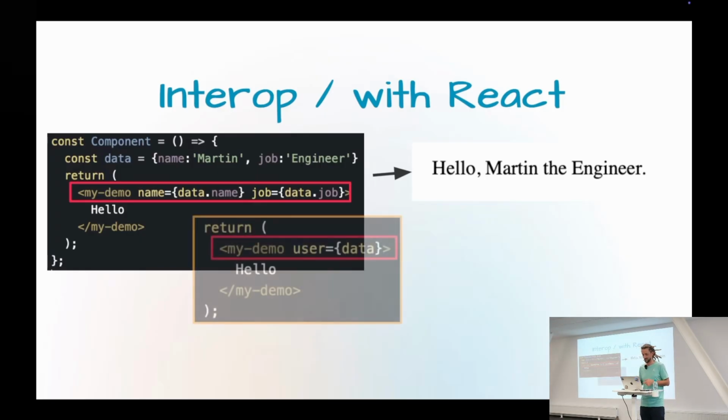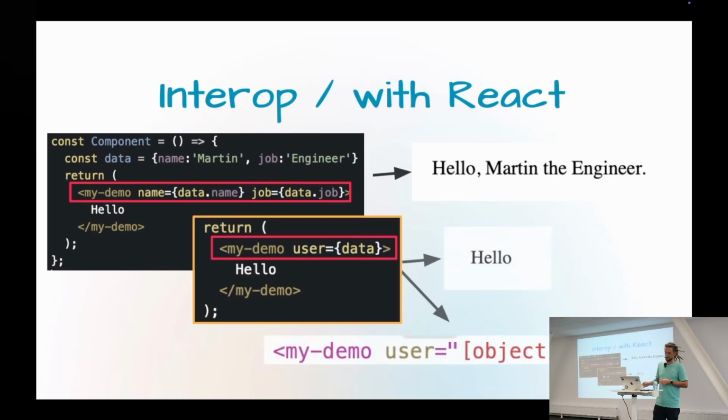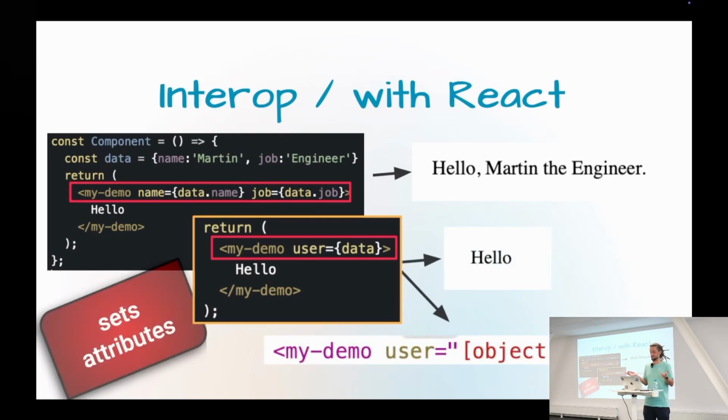Awesome. What about this scenario where my custom element doesn't use attributes like name or job, but rather uses a property definition and accepts user, which is an object, right? So the output is going to be like this. Hello. Yeah, that's awesome. It doesn't work. It's broken, right?